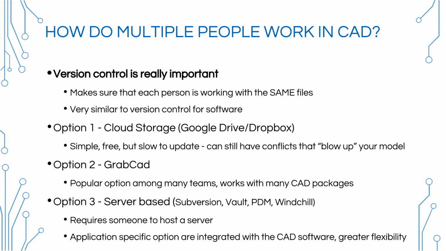They require you to set up a server, but they're specific to your CAD program, so they have integrated options for knowing what kind of part it is, whether it's an assembly or a part file, and make certain decisions for you based on that. So if you're looking at the server option and using one of those CAD packages, I would definitely recommend checking out the associated version management software that comes with it.